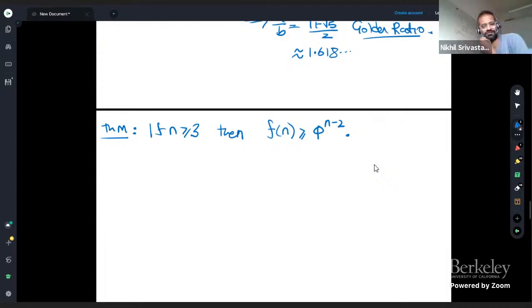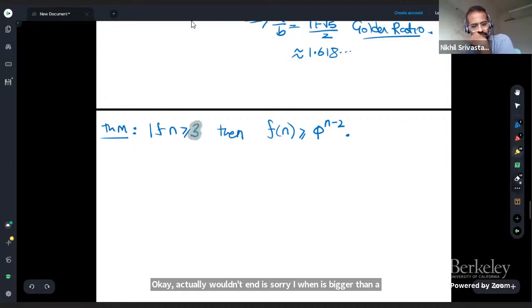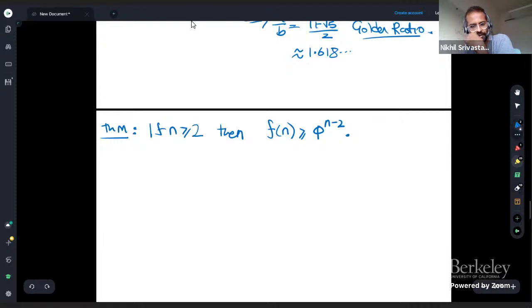Yeah, okay. Actually, when n is bigger than 2 is good enough here. And wait, am I off by 1 here? Let me just check this.